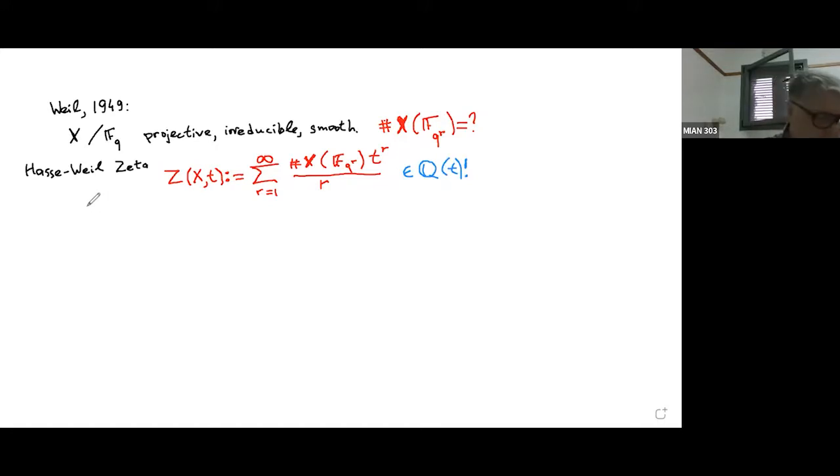Now we return to the precise conjectures, numbered and named. So, conjecture 1, called rationality. There is much more precise information than just the claim that this function is rational.